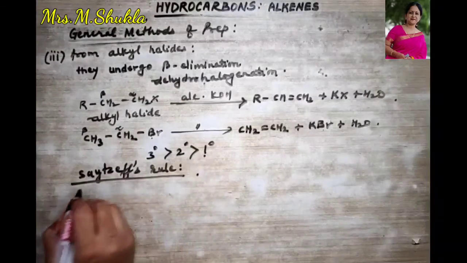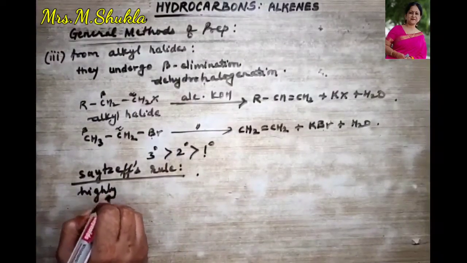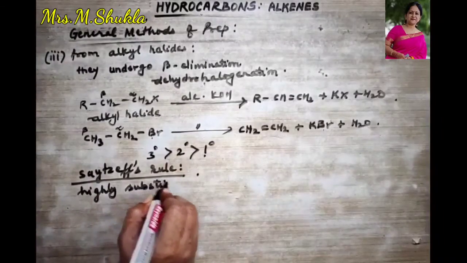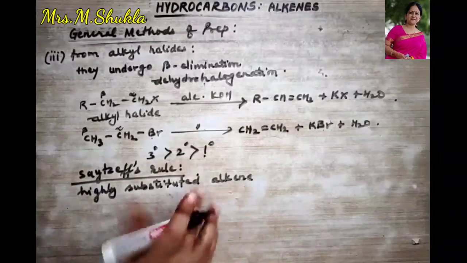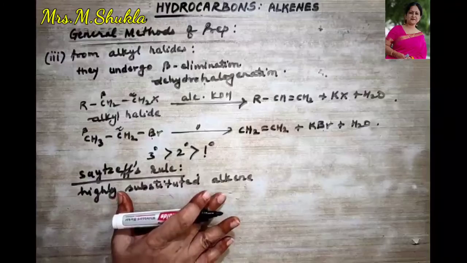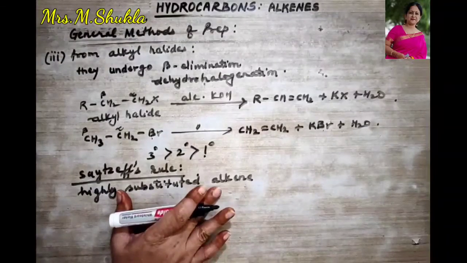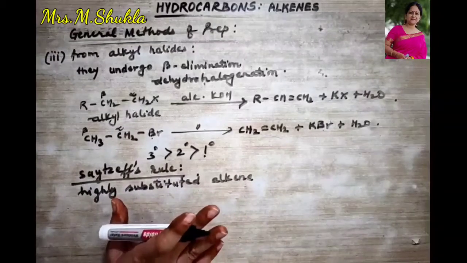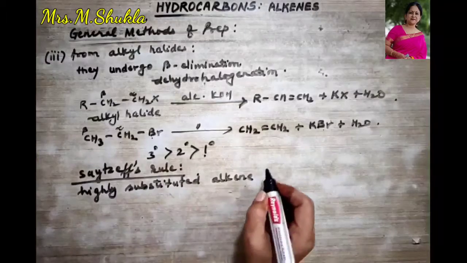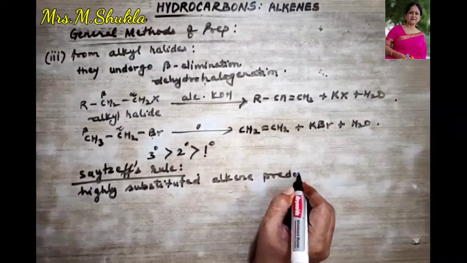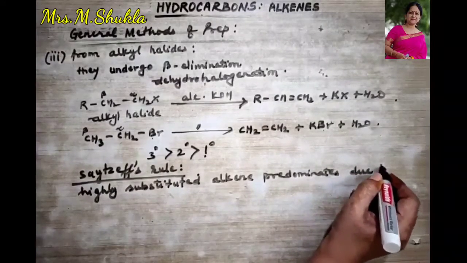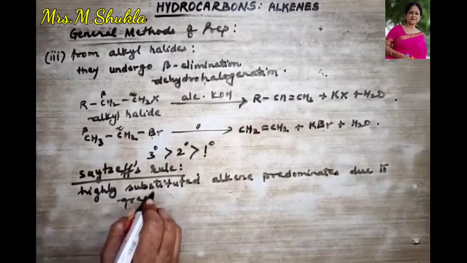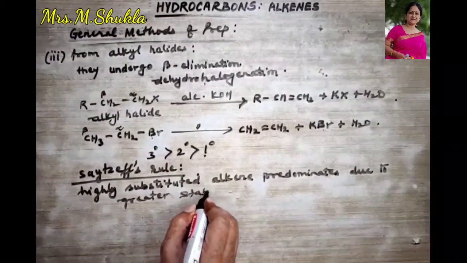According to this rule, a highly substituted alkene. Now, which is a highly substituted alkene? The alkene having lesser number of hydrogen atoms on the carbon-carbon double bond. It predominates due to greater stability.